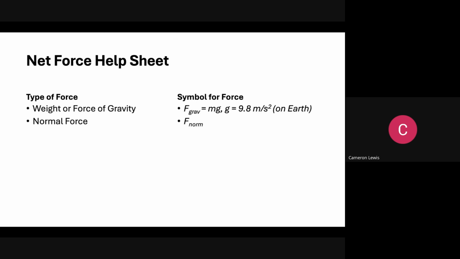But if it doesn't move, the normal force has to be equal to the force due to gravity, which is your weight. The force that keeps this bottle up has to be equal to the weight of the bottle.